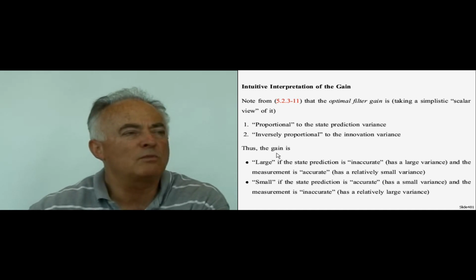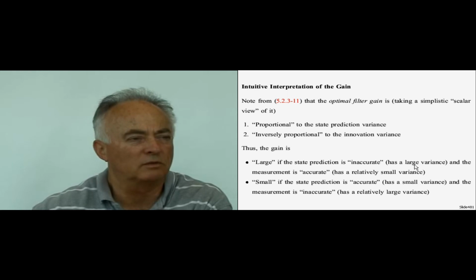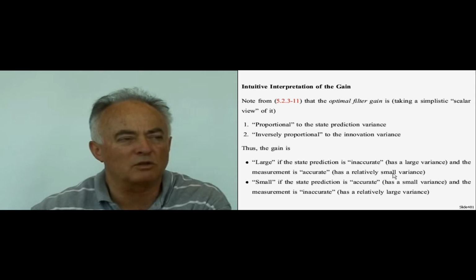So the gain will be large if the state prediction is inaccurate, large variance in the numerator, and the measurement is accurate, has a relatively small variance in the denominator.